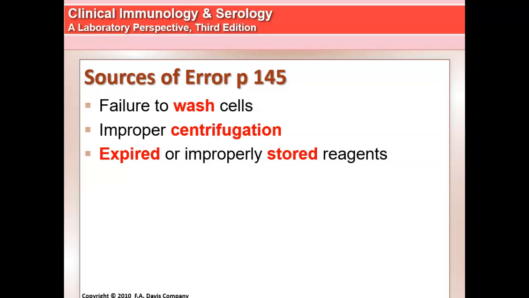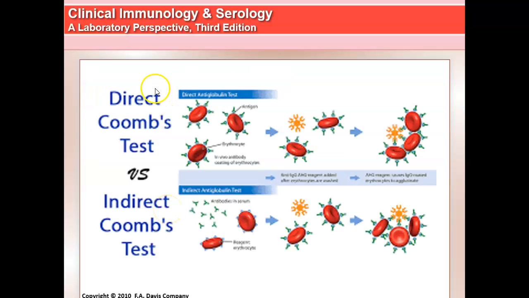Or if you use expired or improperly stored reagents. And here's a picture of the direct Coombs versus the indirect Coombs. So for the direct Coombs, we're looking for antibodies coating the red blood cells in vivo. And for the indirect, we're looking for antibodies in the serum.